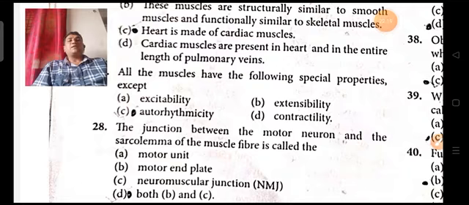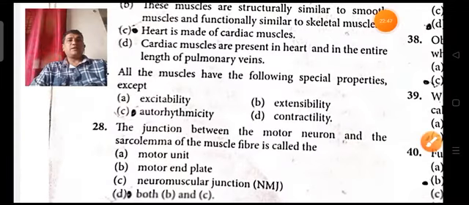Next, all the muscles have the following special properties except: extensibility, elasticity, contractibility, and autorhythmicity. Autorhythmic means involuntary movement. Extensibility, excitability, and contractibility are the prime characteristic features of each and every muscle, but they have asked the except.